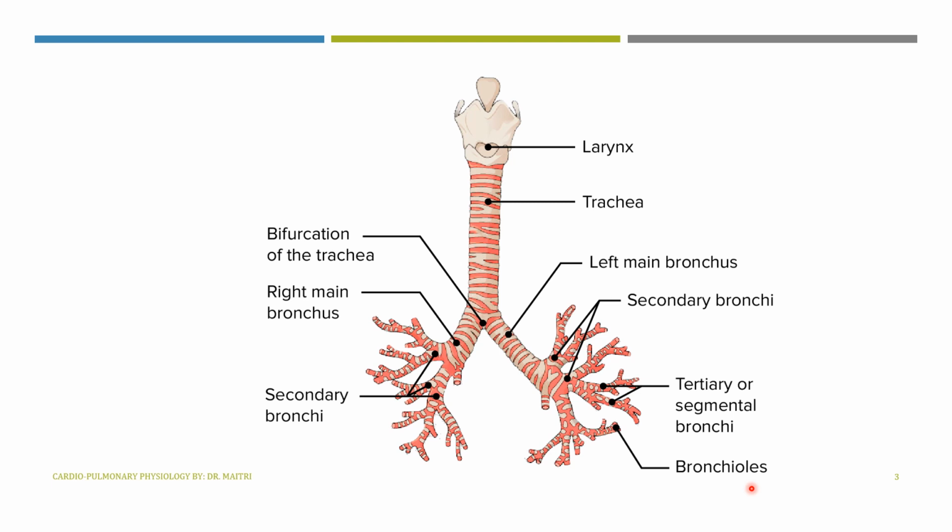After bronchioles come respiratory bronchioles, and after respiratory bronchioles there is a structure known as alveoli or air sacs. Alveoli are the functional unit of our lungs, as they are the main structure that participates in gas exchange.